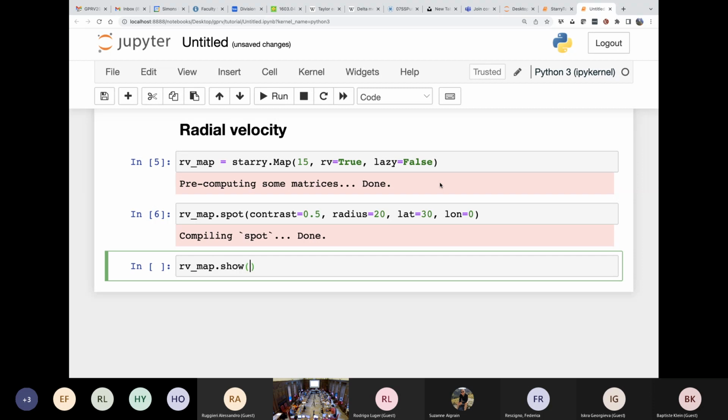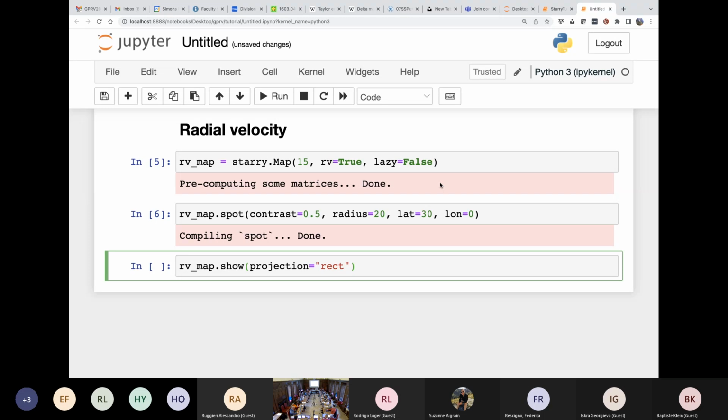We can use the show function. The show function takes a few arguments. One of them is projection. Your options are rectangular, orthographic, or molleweide. We can explore those later. Let's just do rectangular, then it's just a latitude longitude grid.